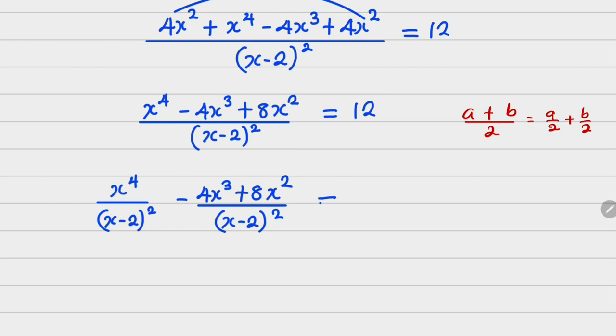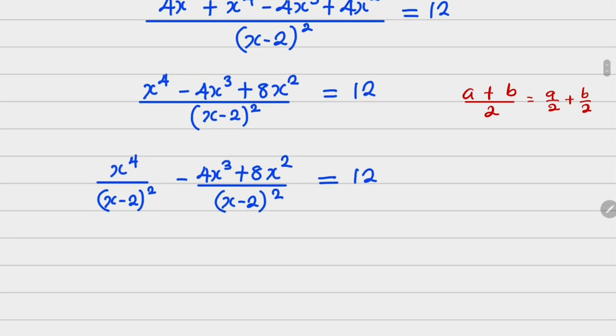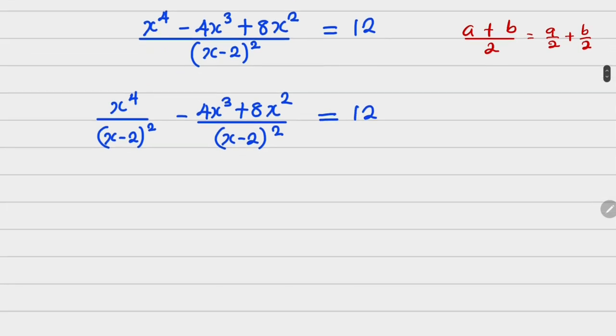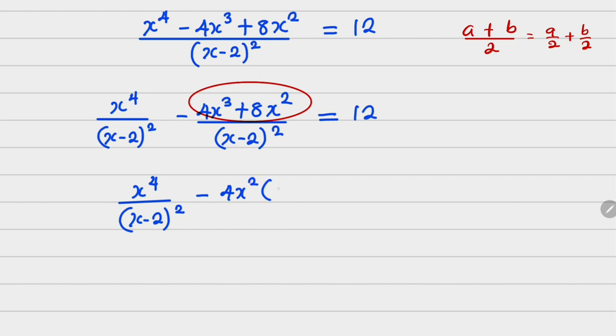Now, I need you to pay attention to what I'm doing. Now, I'm going somewhere. If you check this, I can actually work it out. I factorize it, okay? And that is why I'm going the way I'm going, so that I'm going to have x raised to power 4 all over (x minus 2)² minus, now bringing out 4x squared, I'm going to have (x minus 2) in bracket.